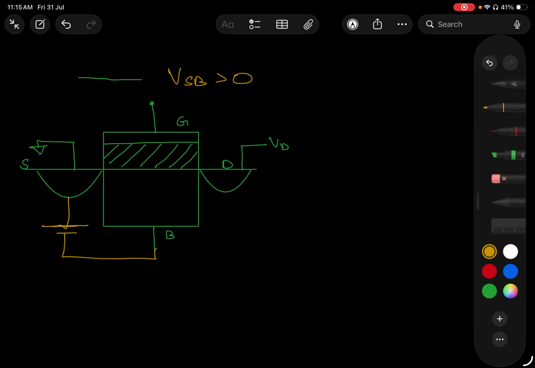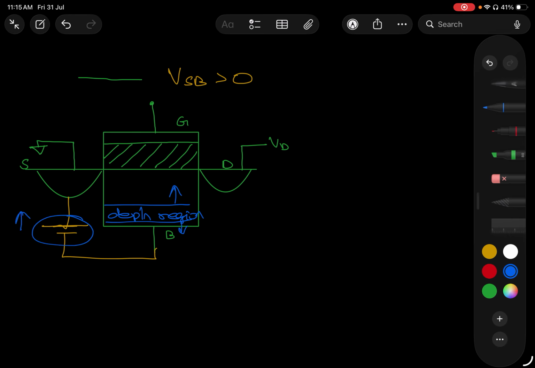there will be a reverse bias which causes a depletion region to form over here. This depletion region keeps on expanding to both sides as we increase this potential.